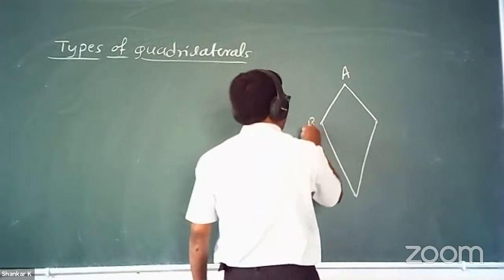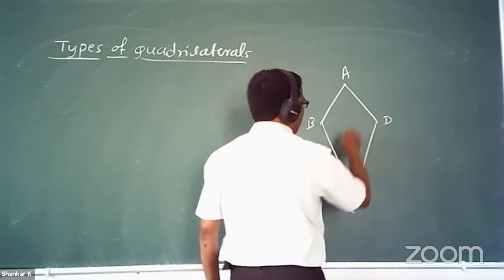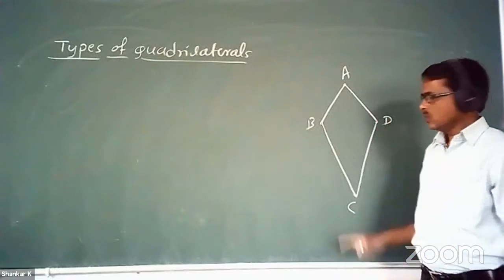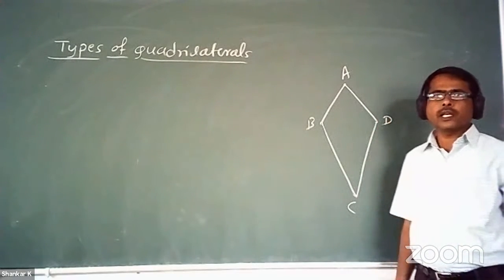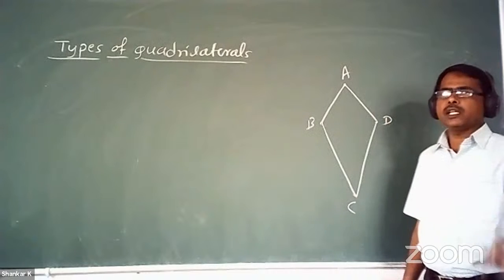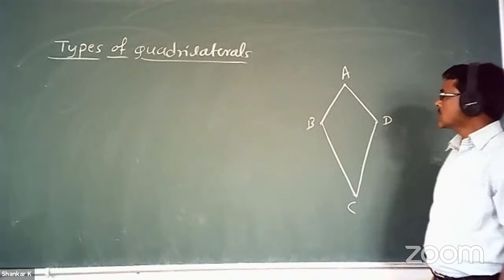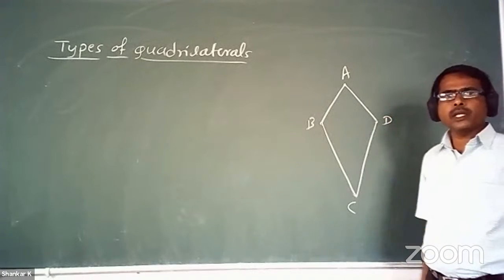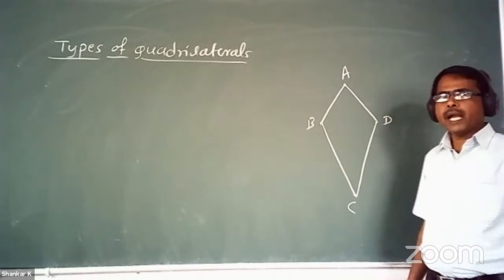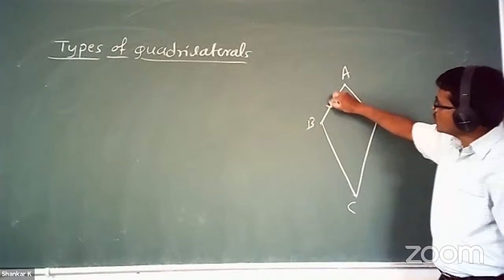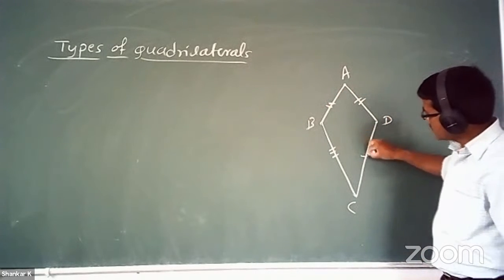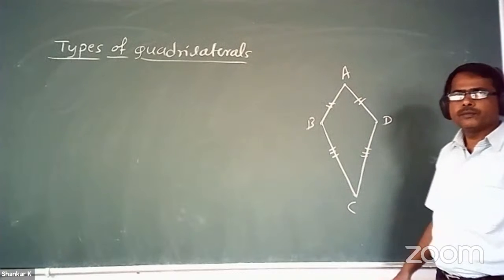A, B, C, D. What is a kite? A kite is a quadrilateral in which pairs of adjacent sides are equal in length. These two sides are equal in length and these two sides are equal in length.